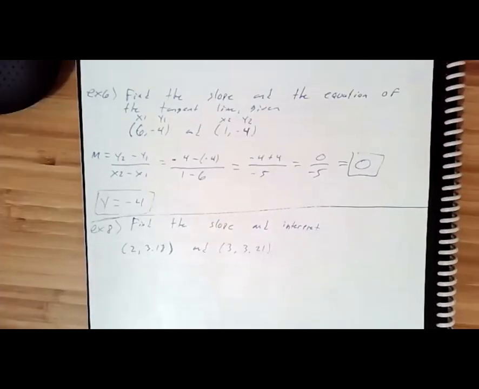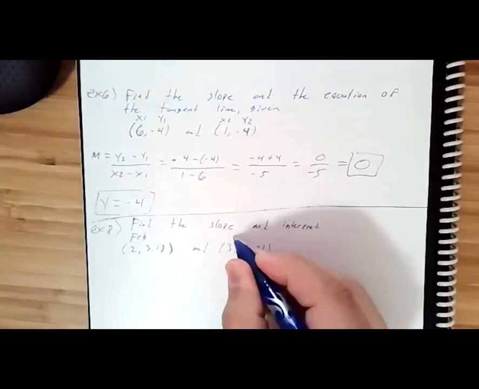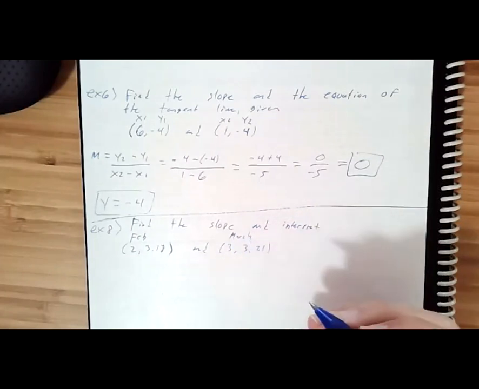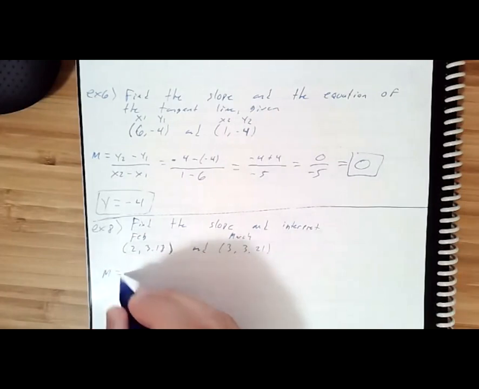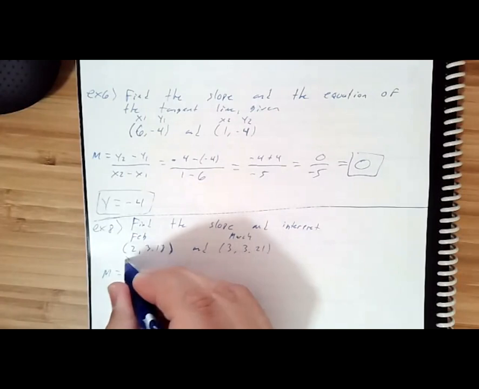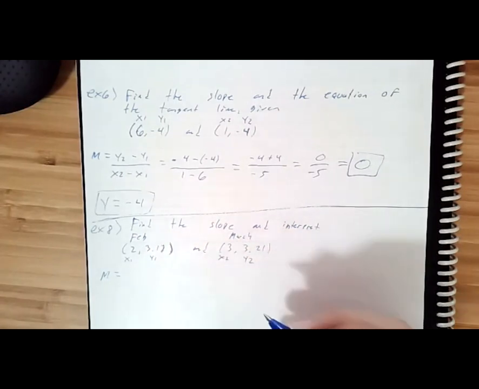Okay, so this is February. This is March. So the slope, when we find it, should be positive because it is trending upward. So this is my x1, y1, x2, y2.